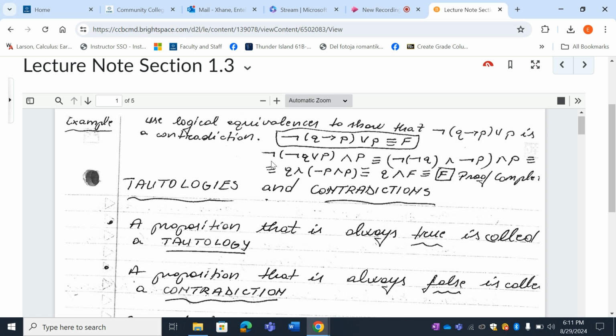I'm trying to show that this is equal to F. I started off by changing the implication, Q implies P, using the implication equivalency law. The law is saying negate the first statement, so I'm negating Q, change the implication operator into an or, and keep P as it is. And that's what I did right there. And everything else stays the same. The negation sign outside is the same, and then this correct form of operator and is the same.